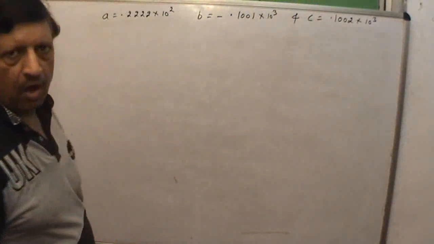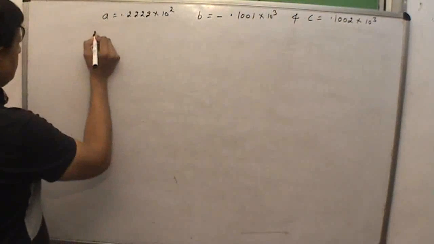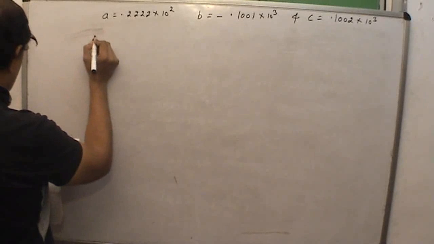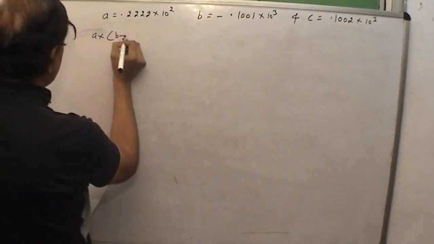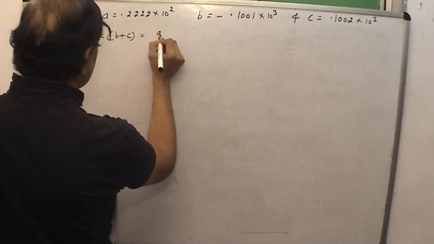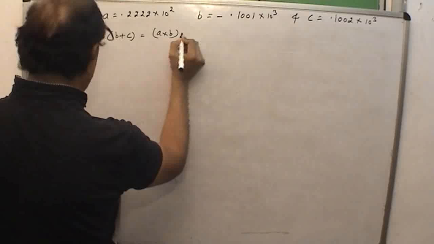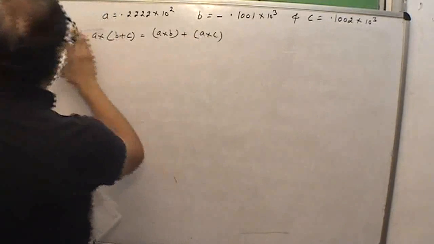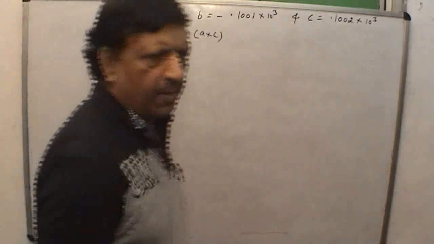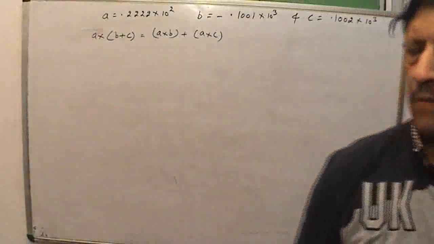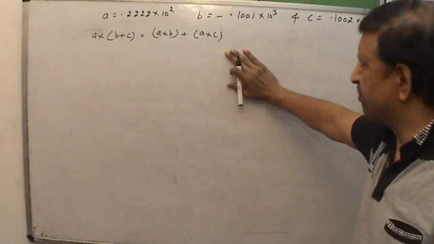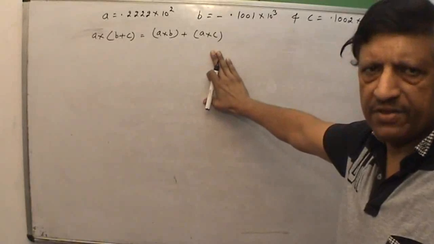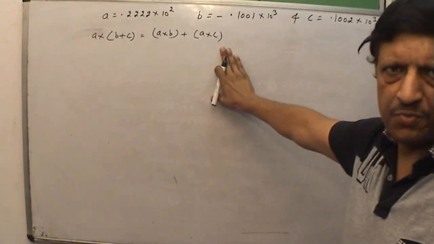Then here we check the law of distributive. It means show A cross B plus C is equal to A into B plus A into C. That is all the things we studied. It will follow each and everything in this problem.